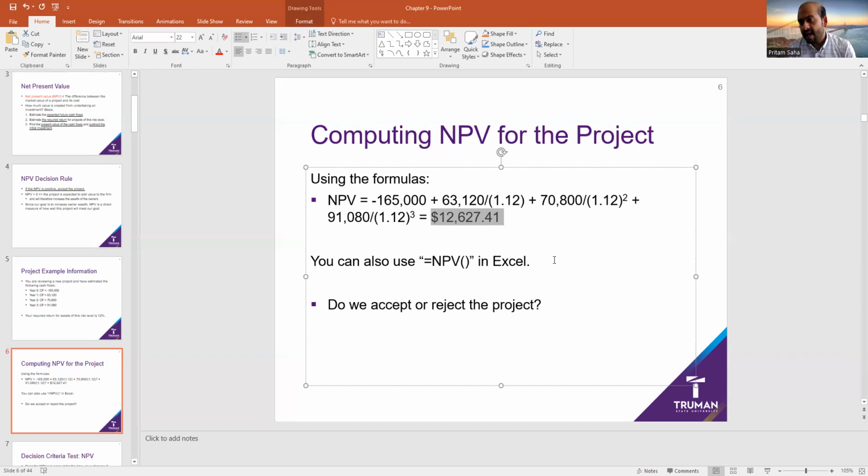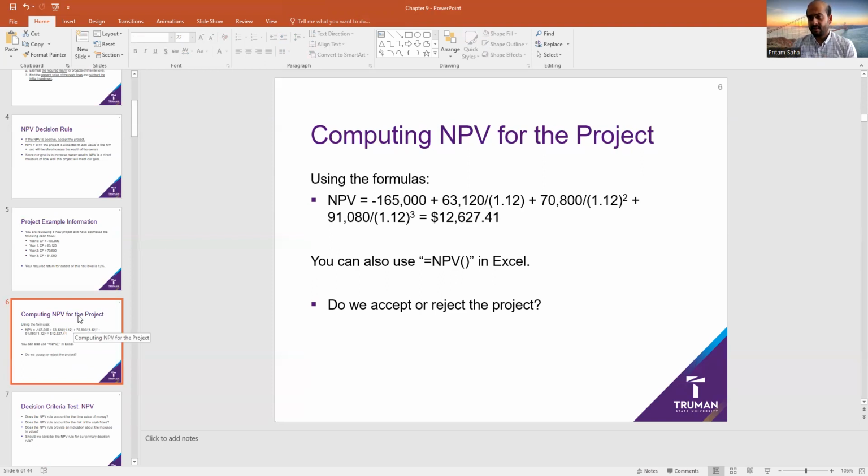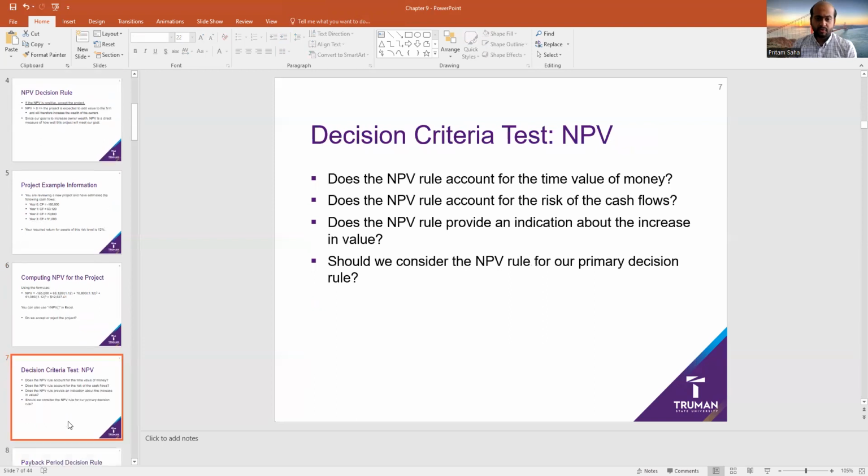So for any capital budgeting decisions, any proxies we use, we have to go through some decision criteria to think about should we take the project or not, and whether this tool or proxy is good or not. So these are the 4 questions we should always go through to decide whether NPV is a good proxy or not.